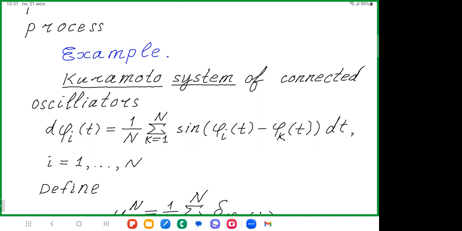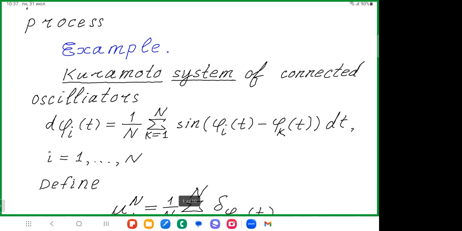The Kuramoto system of connected oscillators is well known for its limiting behavior, because its limiting behavior demonstrates something new compared with the usual approach which we discuss in the theory of ordinary differential equations. So we will see that one can check the limiting behavior of the Kuramoto system using the approach which we will consider in these lectures.